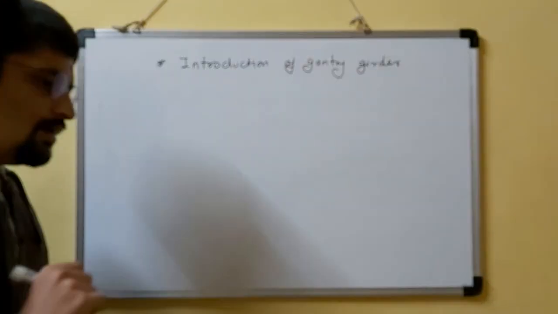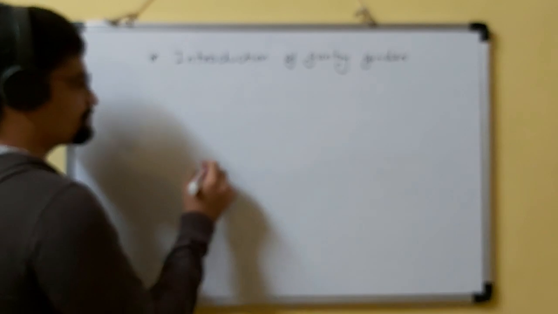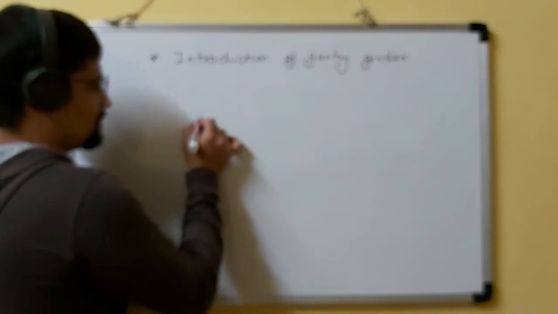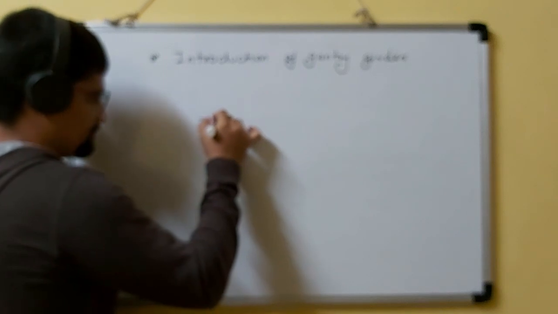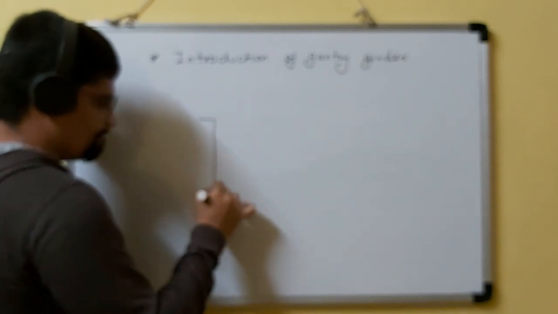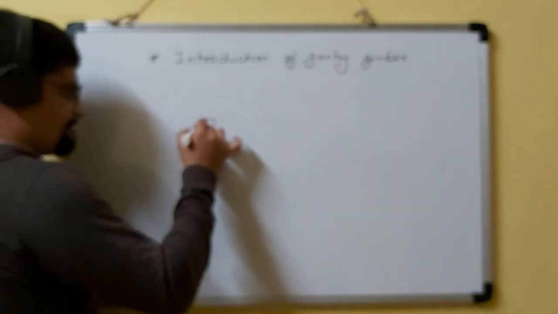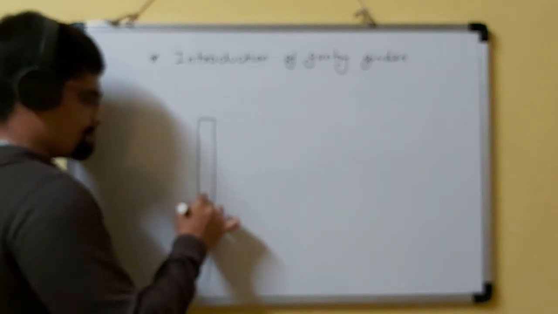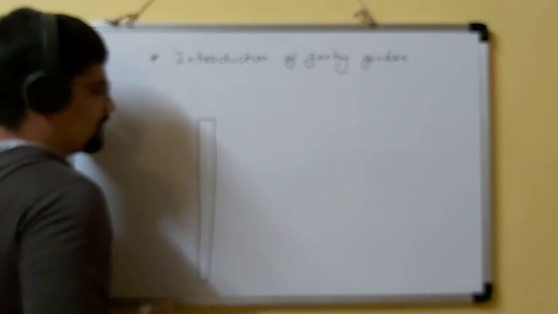So suppose this is the I section of column portion.